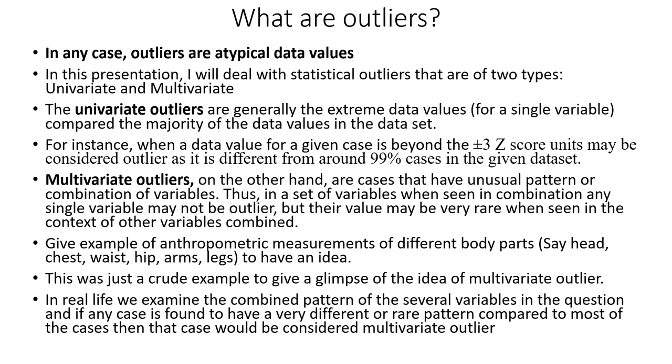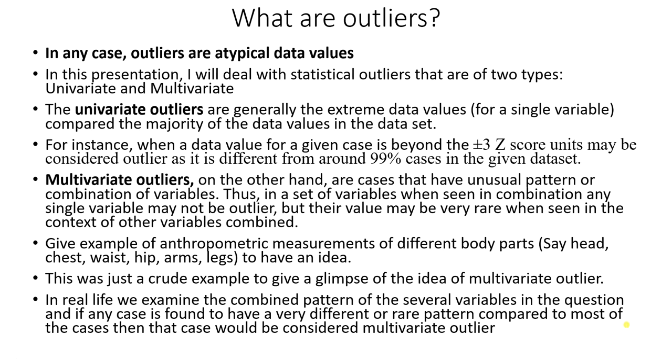So whether we consider them theoretical outliers or statistical outliers, in any case, outliers are atypical data values. Any case having an atypical data value which is different from the majority of the cases is an outlier. And these statistical outliers may be univariate outliers or multivariate outliers.